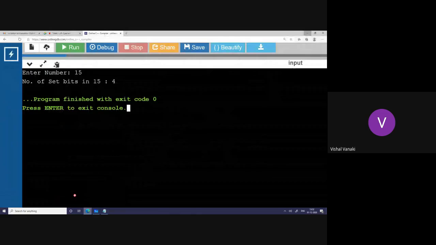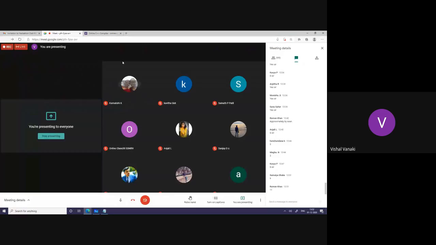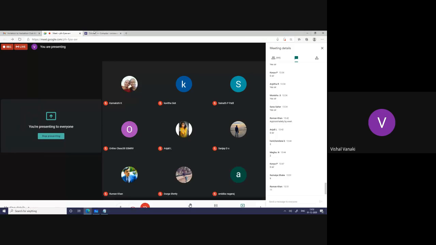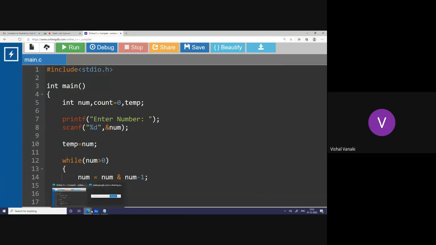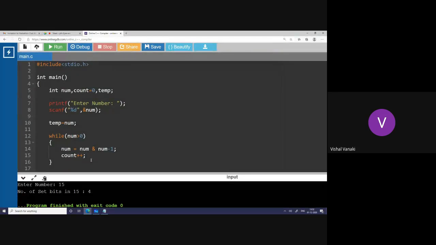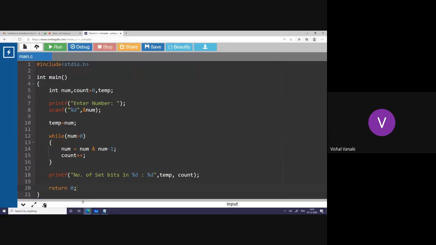Or if you want to have a look at a program, I'll just show it to you what I have written here. If you want, you can take a screenshot.